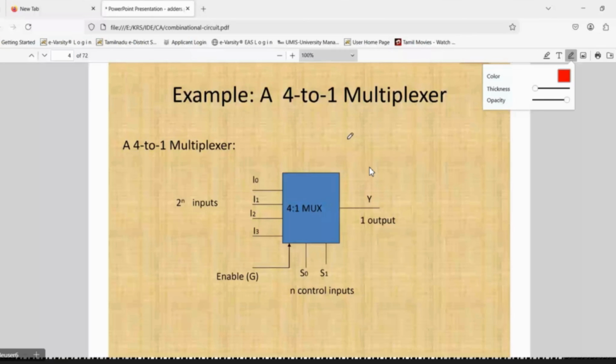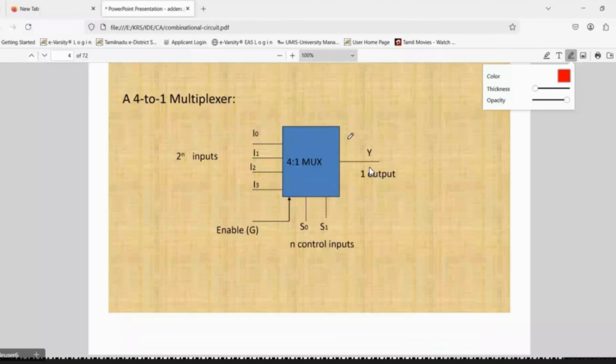There are 4 input lines I0, I1, I2 and I3, 1 output, that is Y. There are 2 selection lines S0, S1 and 1 enable line E. Suppose E value is 0, then the multiplexer is disabled. Suppose E equal to 1, it is enabled.